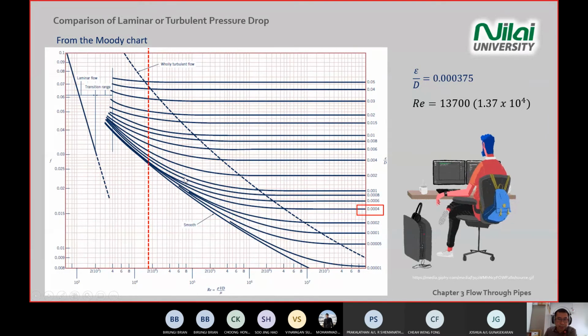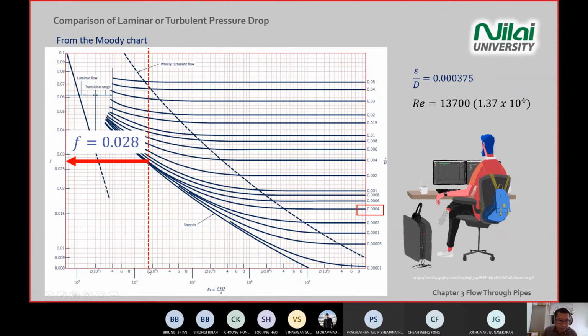You get your friction factor, right? So you get around 0.028. So the arrow here is not showing the correct position because of the line that I showed just now.